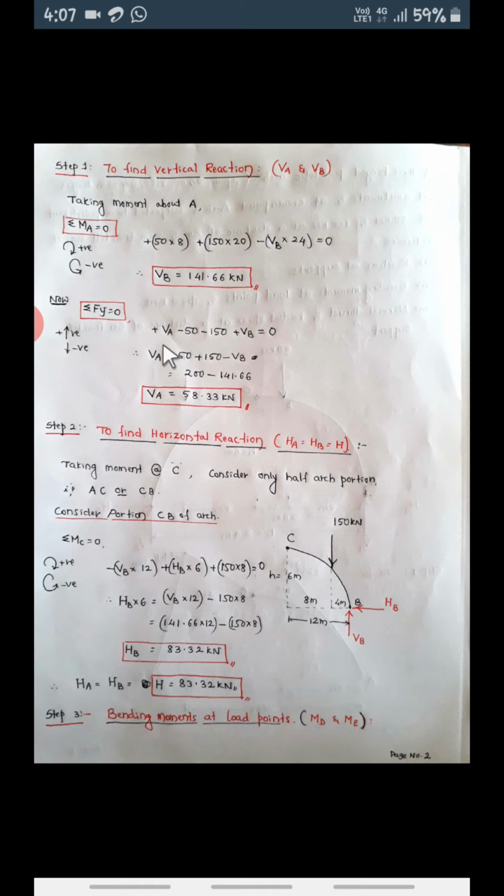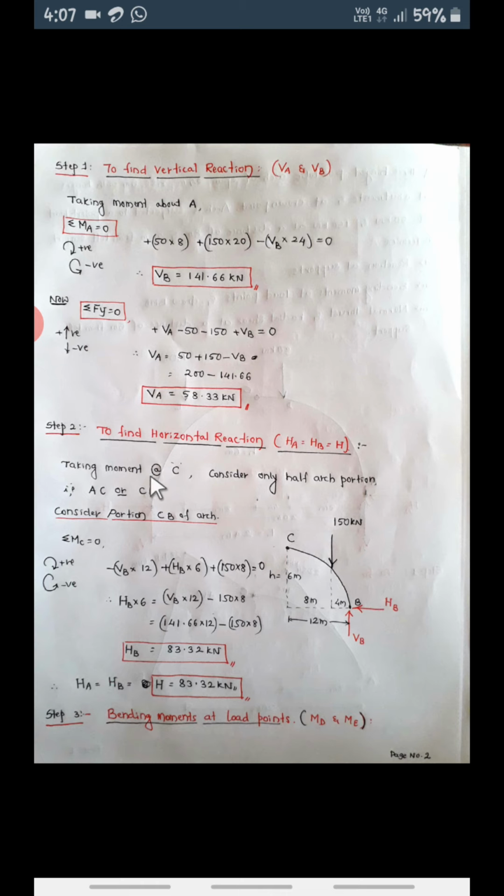So as per the sign convention, it is plus VA minus 50 minus 150 plus VB equal to 0. Since VB is already calculated, substituting gives VA as 58.33 kilonewton. So this is how we find the vertical reactions.